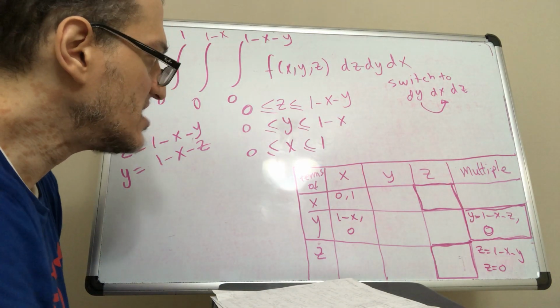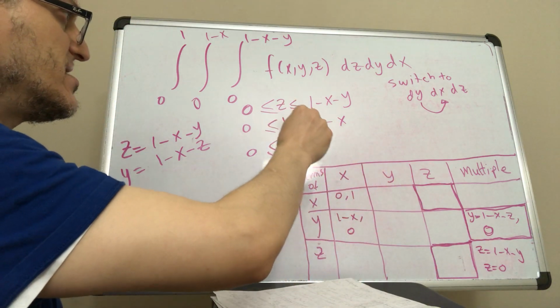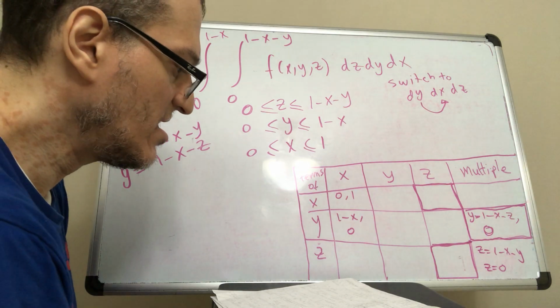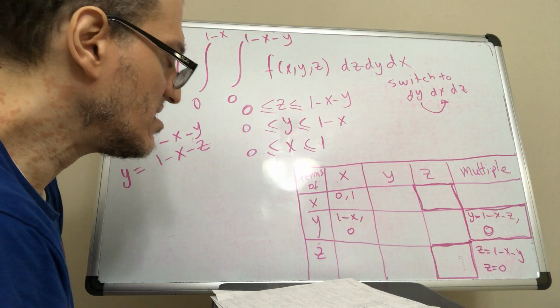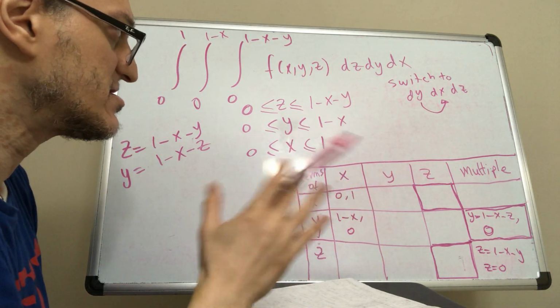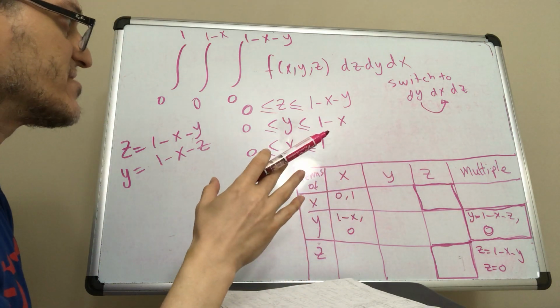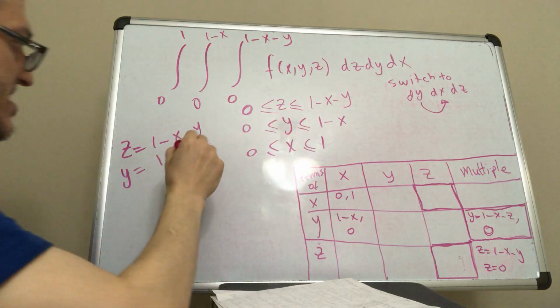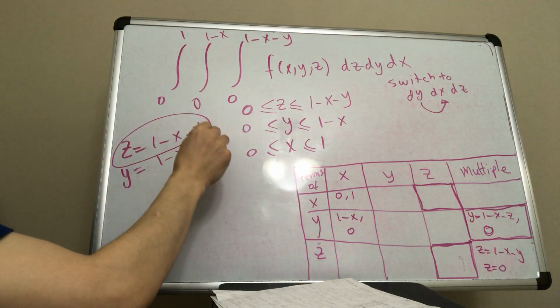I also need x in terms of z. Now, x in terms of z only, is there a relationship that relates x and y together? Well, you see from here, x in terms of z, I can use the same equation.